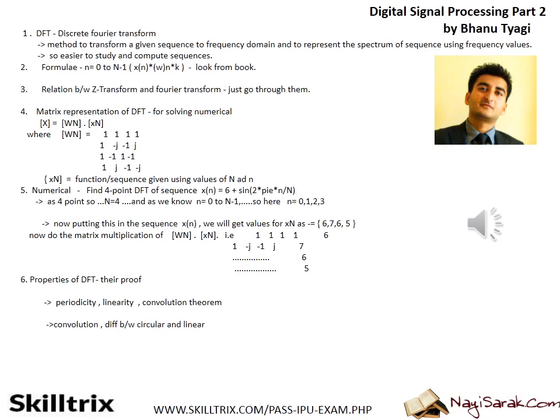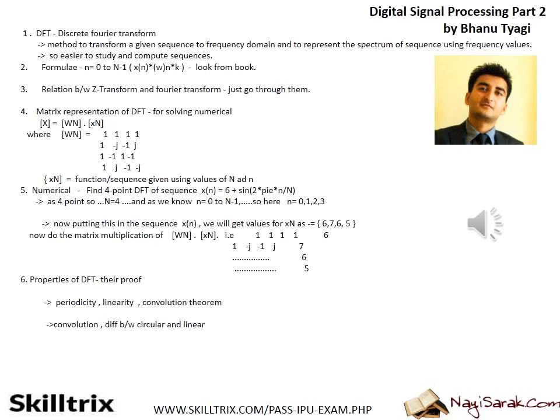So the primary purpose of why DFT came is so that we can study and work upon the sequence easily. What DFT does is transform any given sequence to the frequency domain.